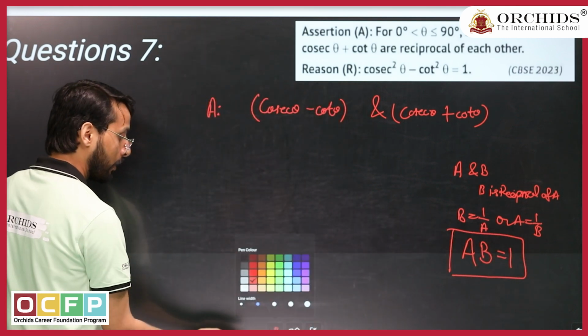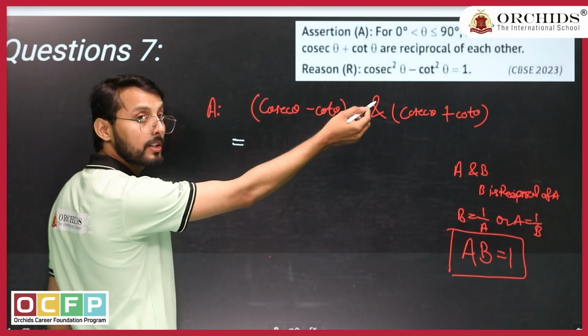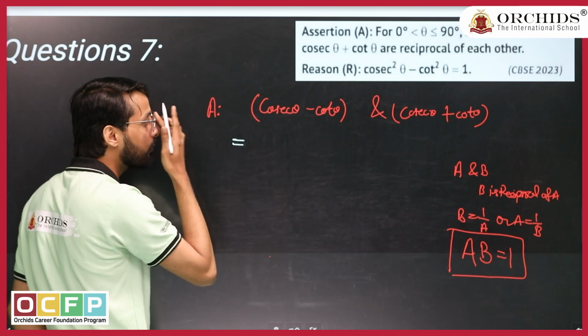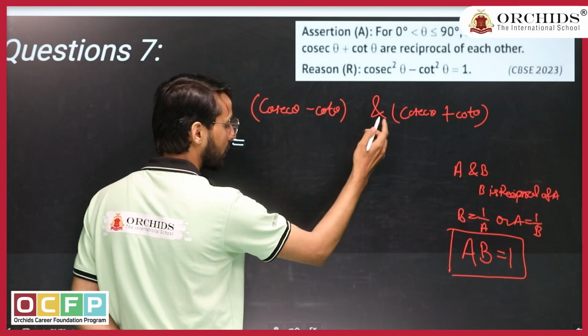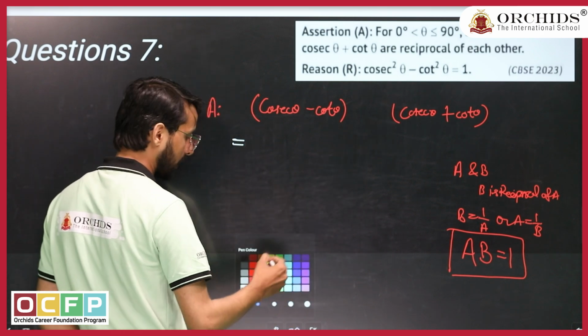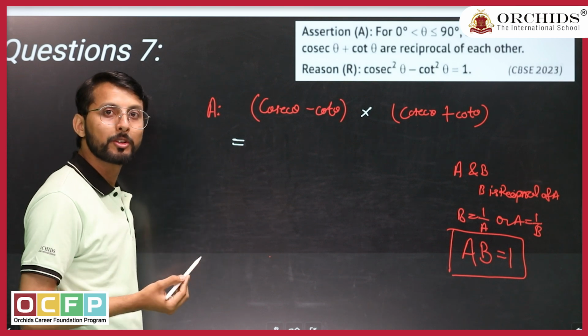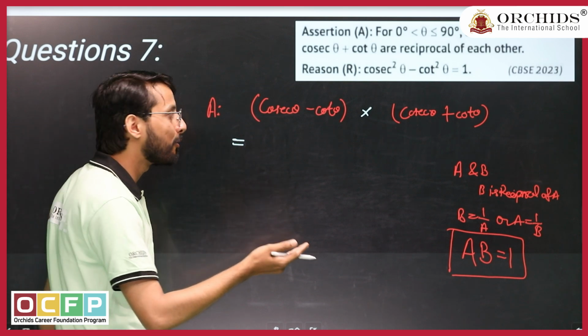Correct? So if I multiply these 2 brackets, removing this 'and' sign and putting the multiplication symbol, the product of reciprocals is also equal to 1.